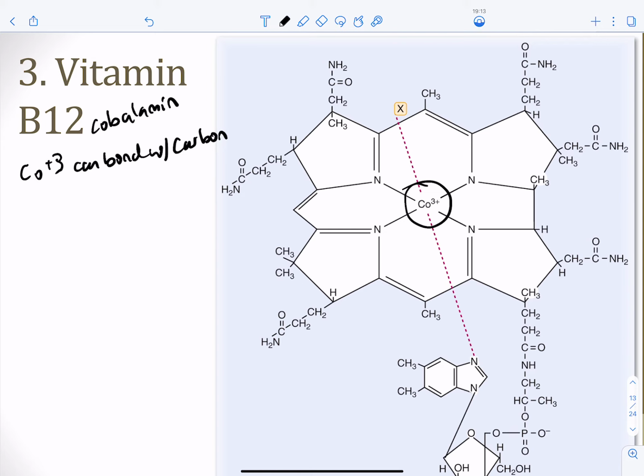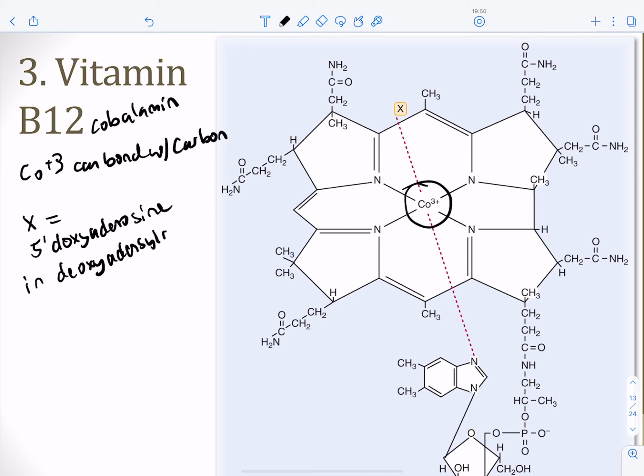It can also interact with the 5' carbon of 5'-deoxyadenosine, and that forms 5'-deoxyadenosylcobalamin. So if X equals your 5' deoxyadenosyl, that's 1. 2, X could be our methyl.